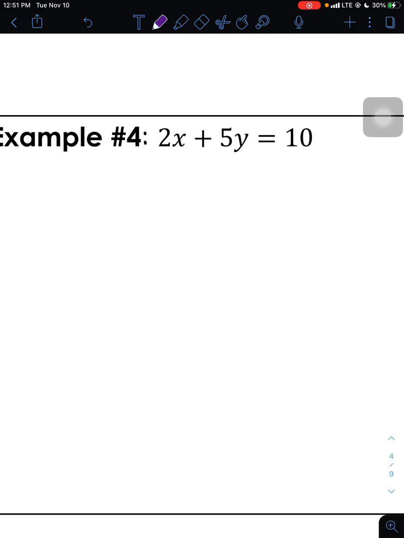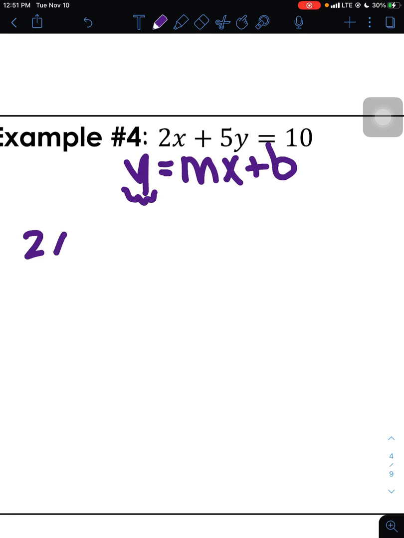We know for slope-intercept form, it has to be y is equal to something: y is equal to mx plus b. That's the general format. So I'm going to solve for y, because that tells us what the value of y is. I want to get y by itself. So I have 2x plus 5y equals 10.